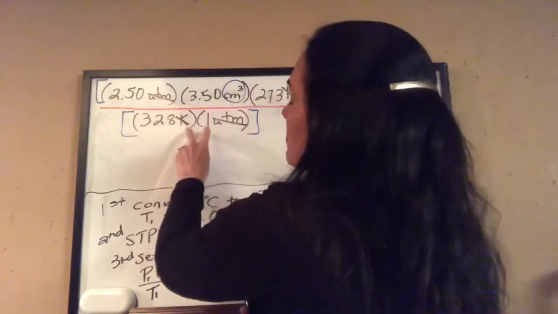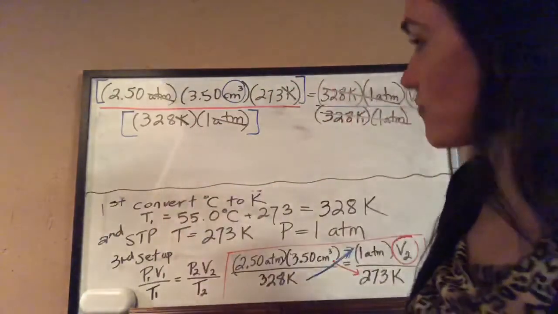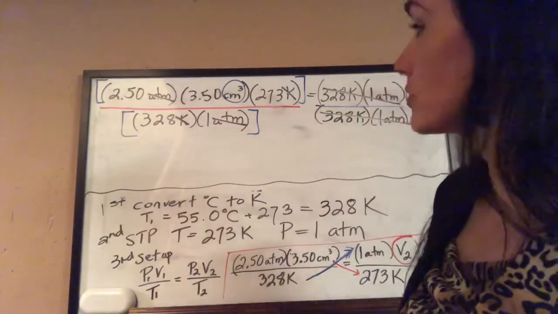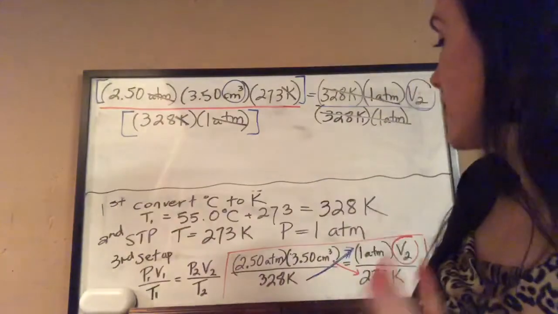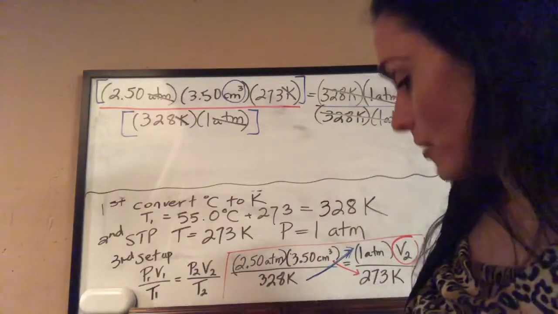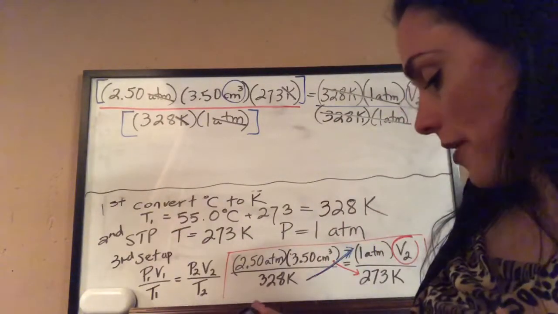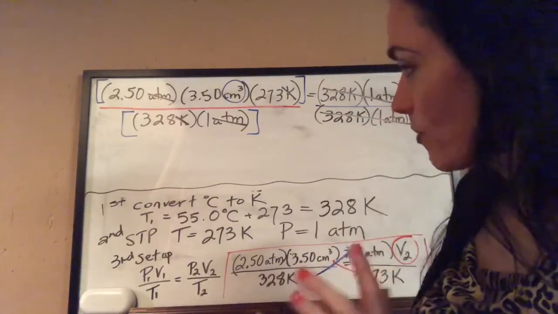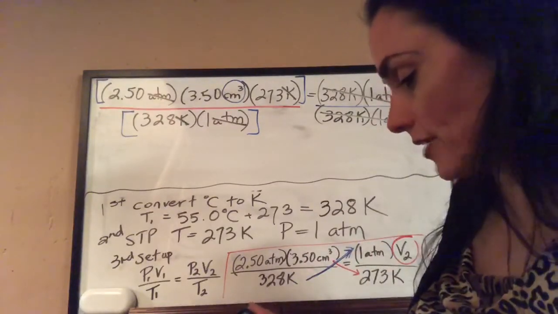You need to tell it, take this product and divide it by this product. So 2.50 times 3.50 times 273, that product divided by the product of 328 times 1.